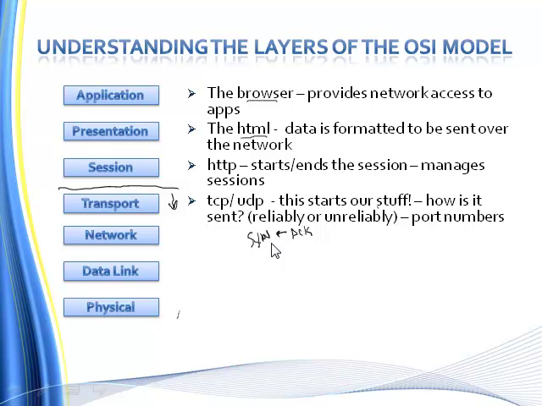We do a SYN, and then a SYN ACK, where they're acknowledging the SYN, and then I acknowledge that I got your acknowledgement back. So SYN, SYN ACK, ACK. And this is what's known as the TCP three-way handshake.